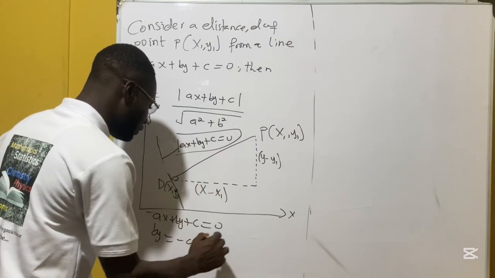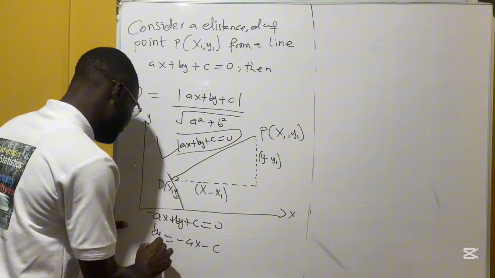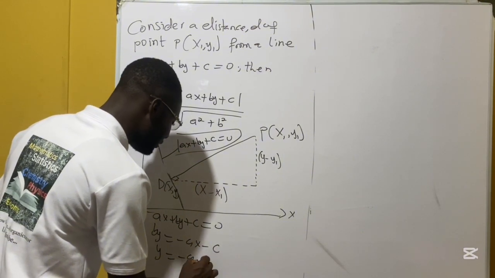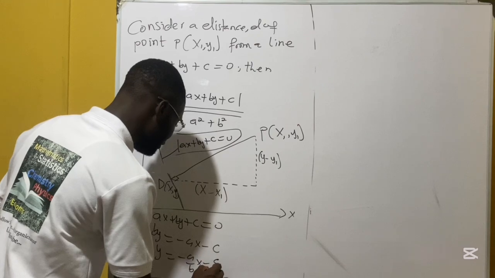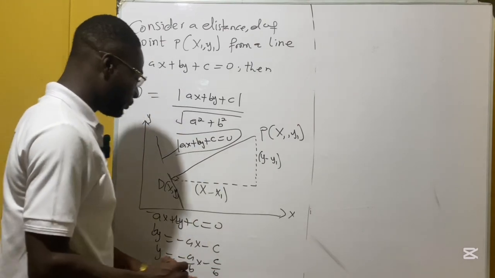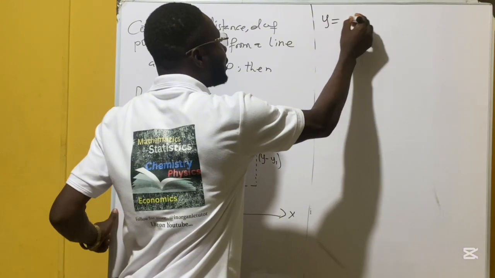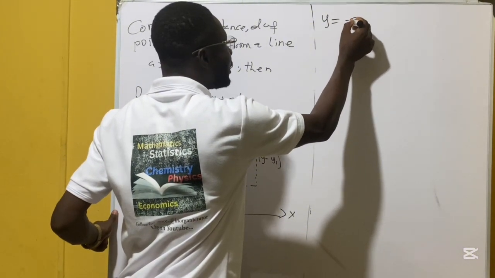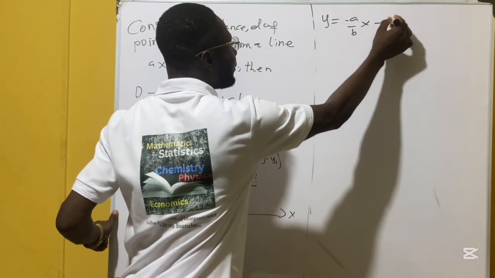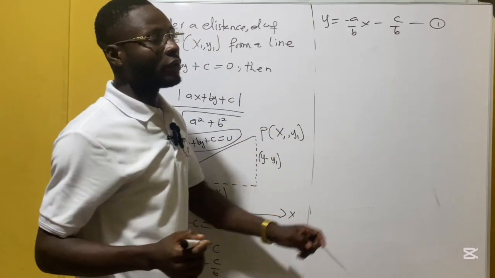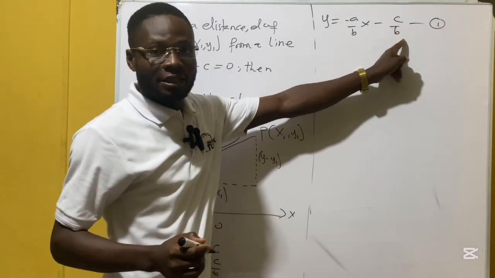Making y the subject, we have y equals negative a over b x minus c over b. Let's consider this as equation 1.